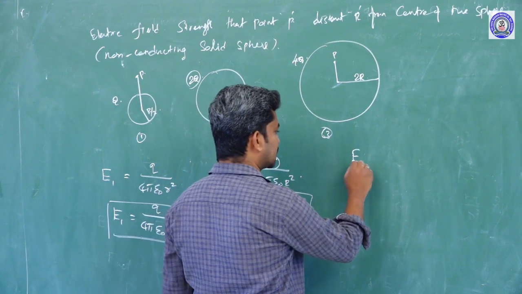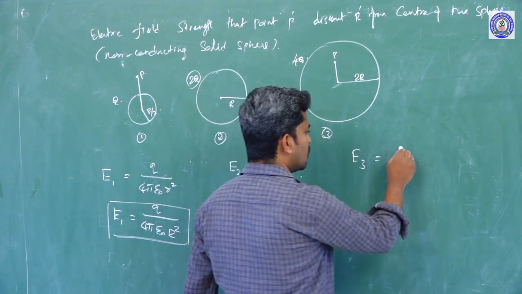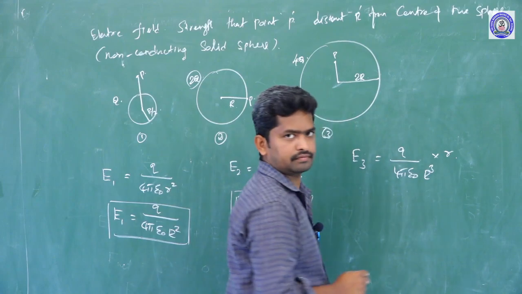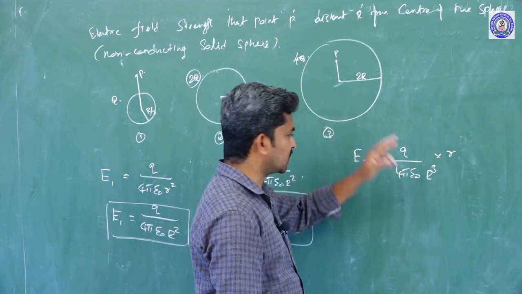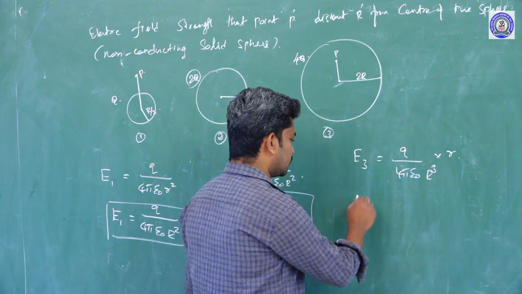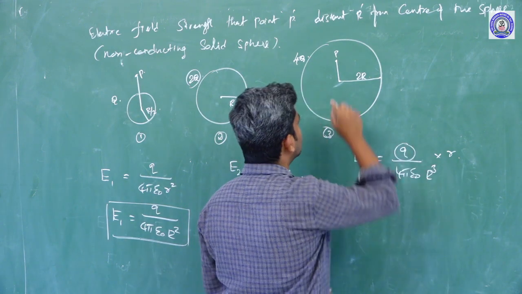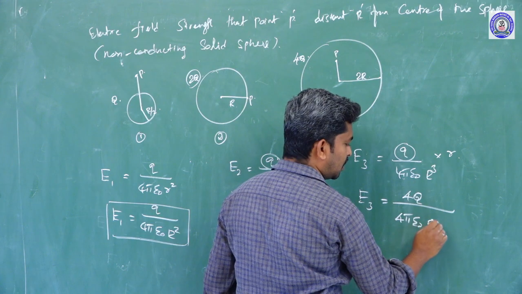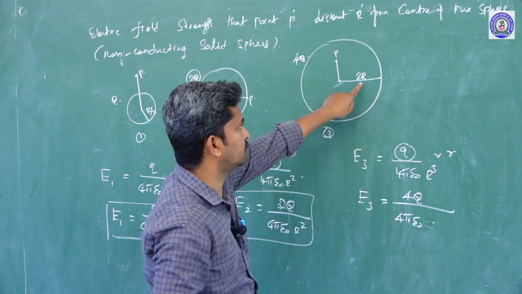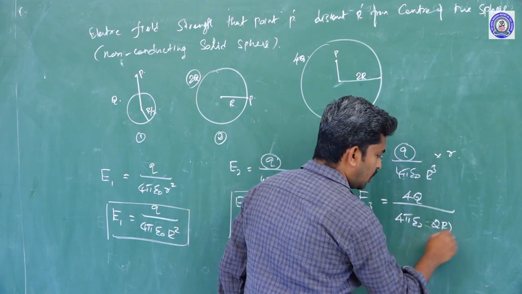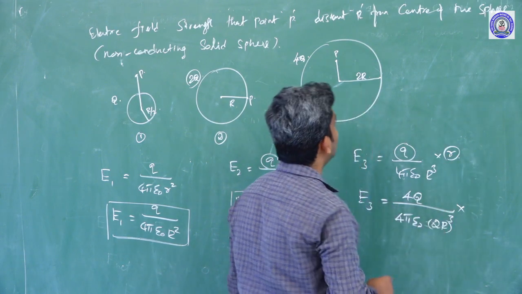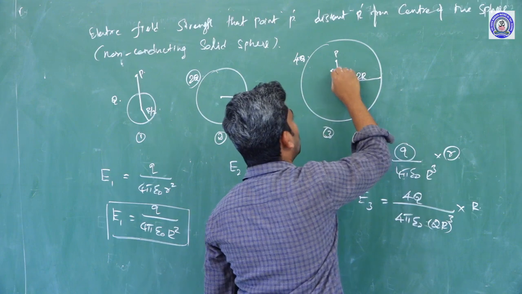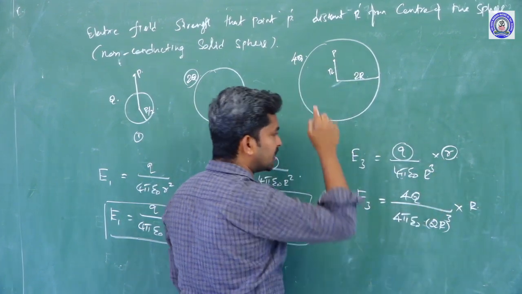You know well the electric field inside a non-conducting solid sphere is Q divided by 4 pi epsilon naught R cube into R. So E3 is equal to 4Q divided by 4 pi epsilon naught R cube into R, where R in the denominator is the radius of the sphere, here 2R, so 2R whole cube, and the point distance is R inside the sphere.